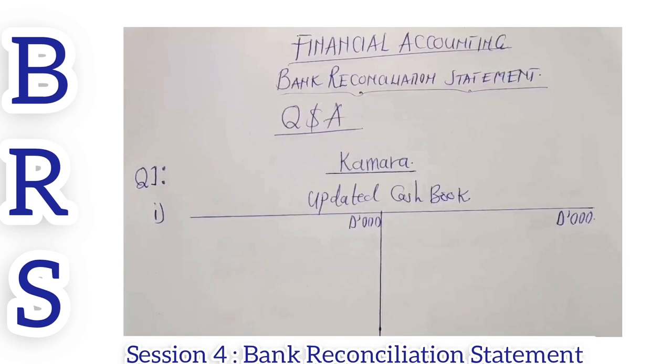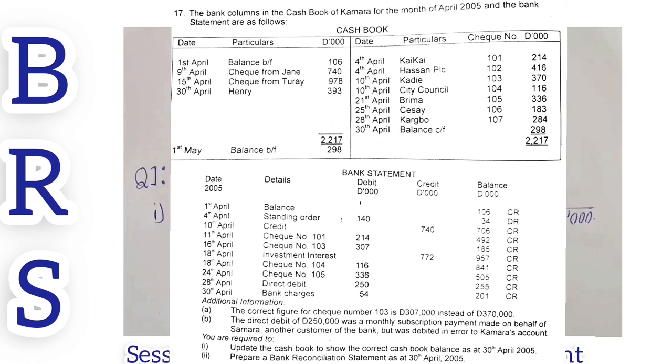So this is my updated cash book. Let's get back to the question again. In the question, on the cash book side, we have a balance, the first May balance brought forward, of 298,000.